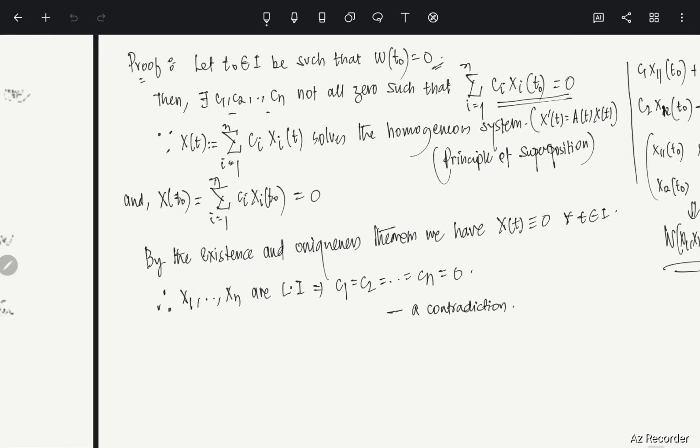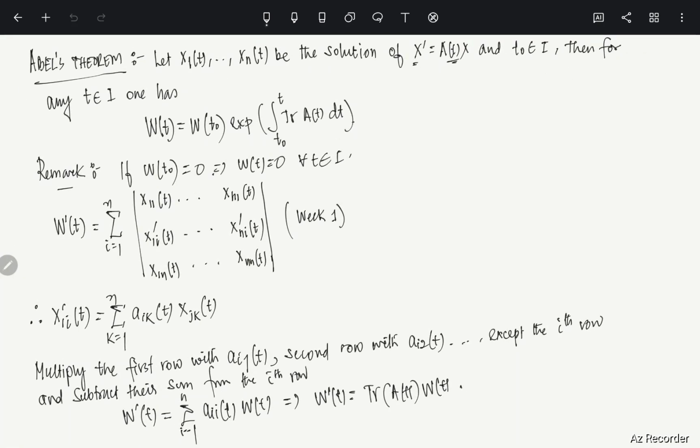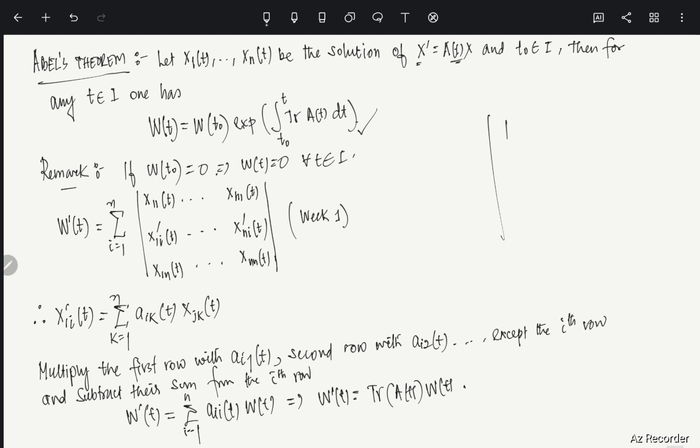Once you integrate it, you get Abel's result. I hope this is clear. Again, if you find this complicated because a lot of indices are involved, break it into a 2x2 system.